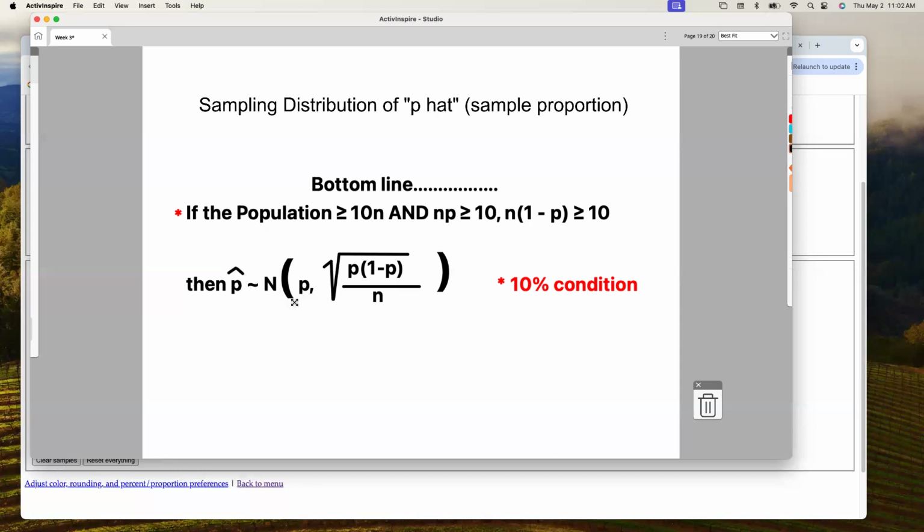So I just want you to see that there's a similar pattern here, but the big thing is that we're using the normal density to model these things. We can model individual observations, and we can also use a normal density to model the distribution of sampling statistics.